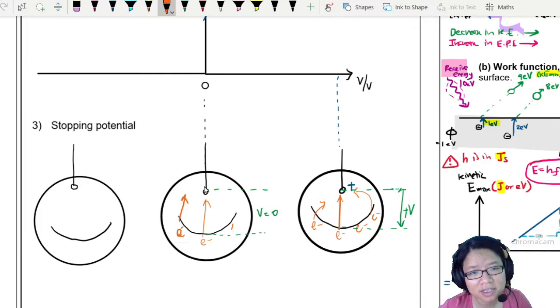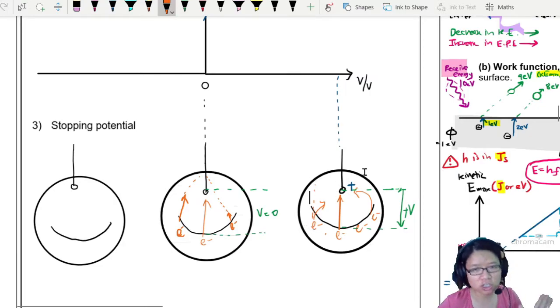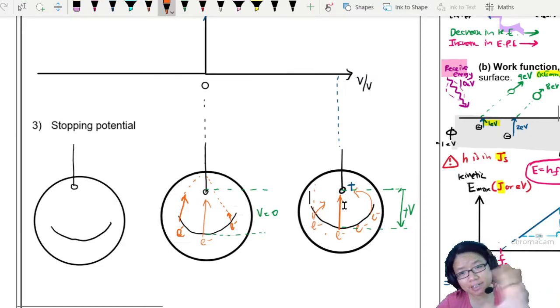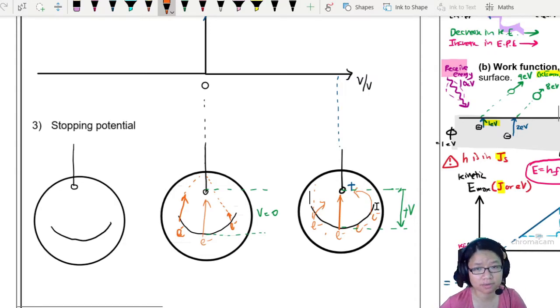Or let's say this electron shoots out but doesn't have enough kinetic energy, so it slowly moves its way here, or maybe it ends up overshooting like this. So not all electrons can reach the anode because this is not positive. But for this one it will, because even if the electron's trajectory is off, let's say it's supposed to move in a straight line like this, a positively charged anode would deflect and pull the electron towards it.